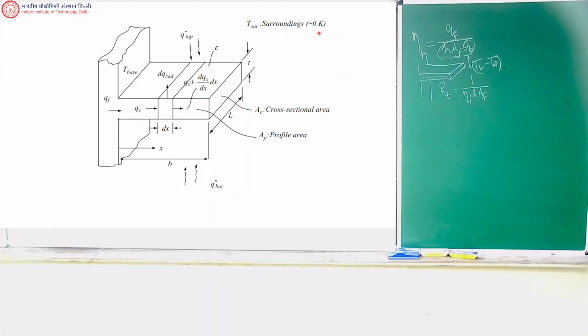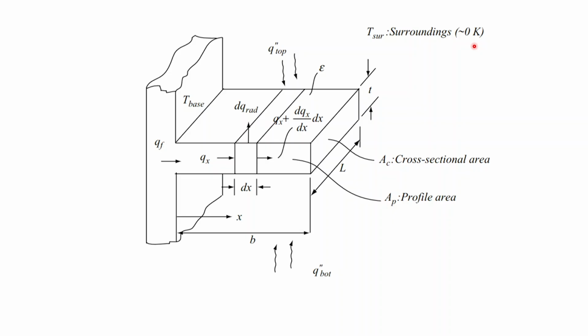In this figure, this is some representative figure. The surroundings is 0 Kelvin, not 0 centigrade, 0 Kelvin. Why? Because this is an example for space applications. So when you have satellites and International Space Station and all that, there will be generation of heat there, right?